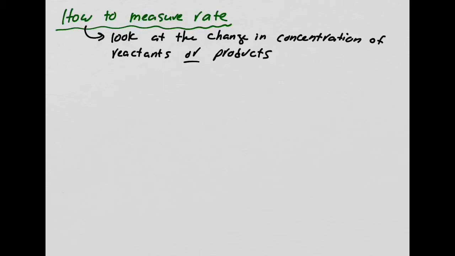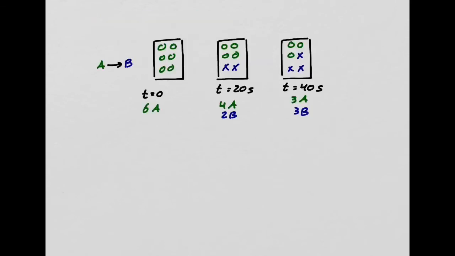Okay. Now I'm going to put up something for you. Okay, there we go. So check this out. Here I have A going to B. Okay. At time 0, I have 6A. At time 2 seconds, I have 4A, now I have 2B, because at time 0 there's no product. After that, more products are forming.